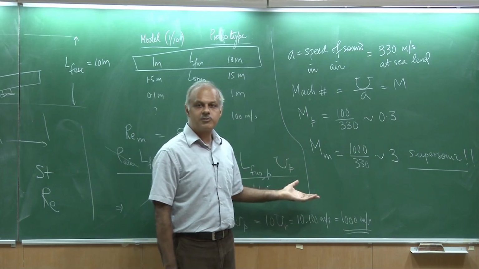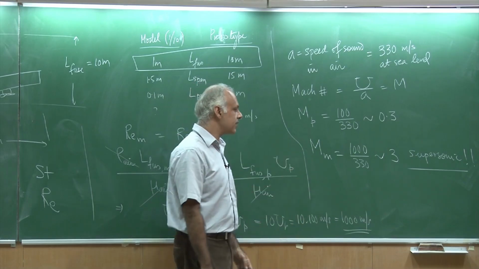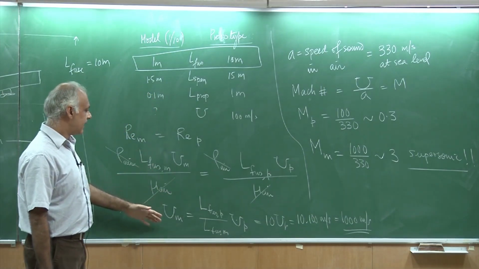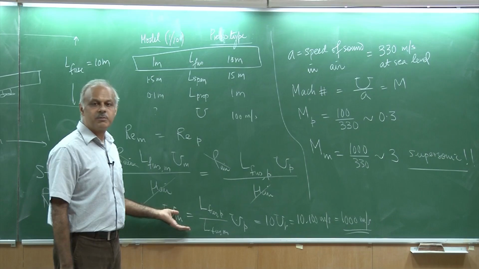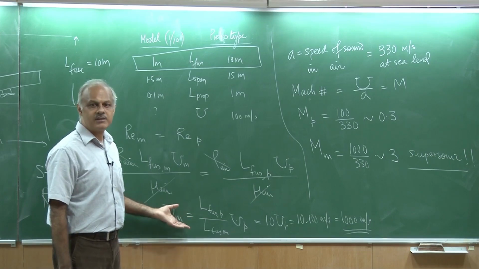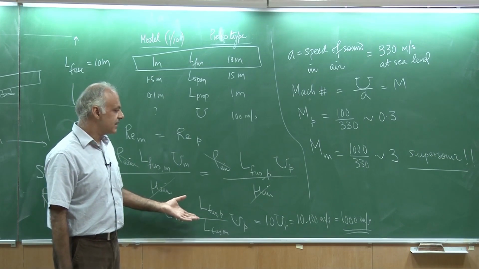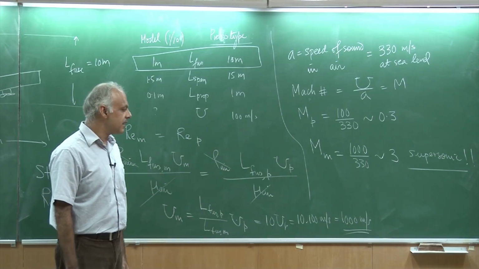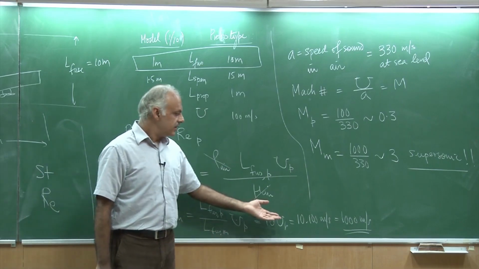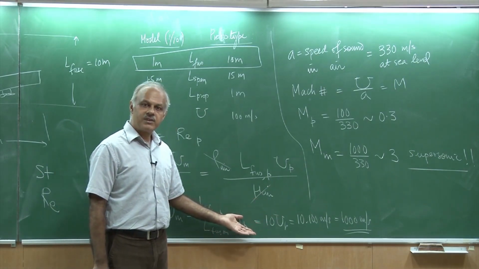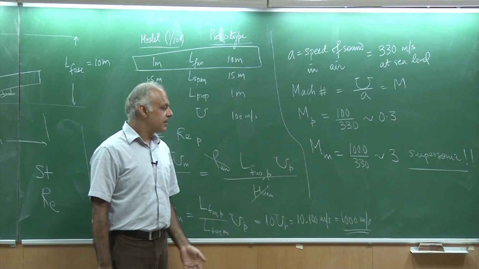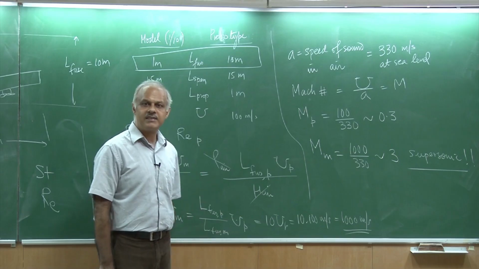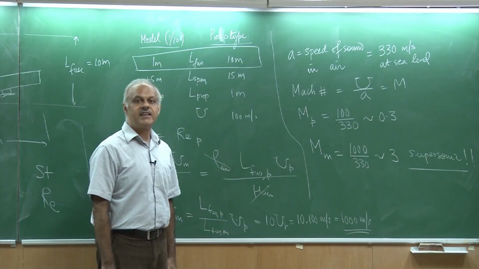So, how do we tackle this problem? Let me say a few words about that. It is very clear that this speed of 1000 meter per second is undoable. A, it is unphysical because it would have Mach number effects and it would become compressible, and B, the tunnel that we have at IIT Kanpur, the National Wind Tunnel Facility, the maximum speed we can get in that tunnel because of the fan requirements and its design is 80 meter per second.